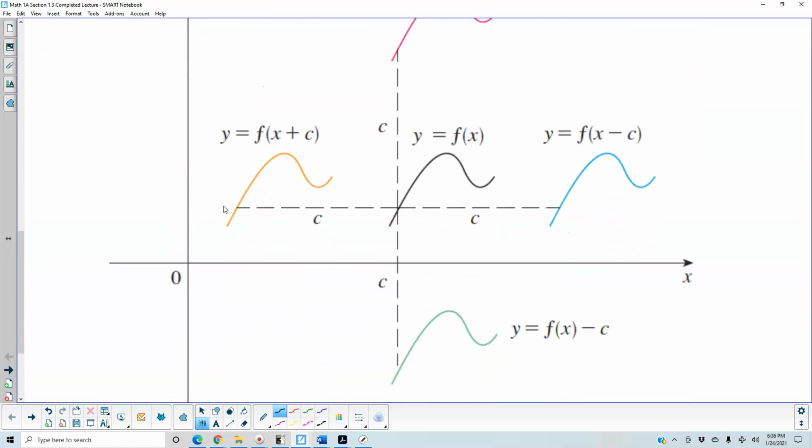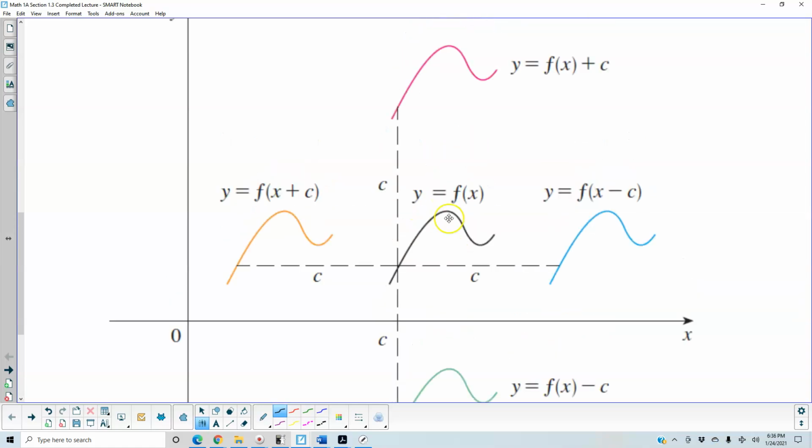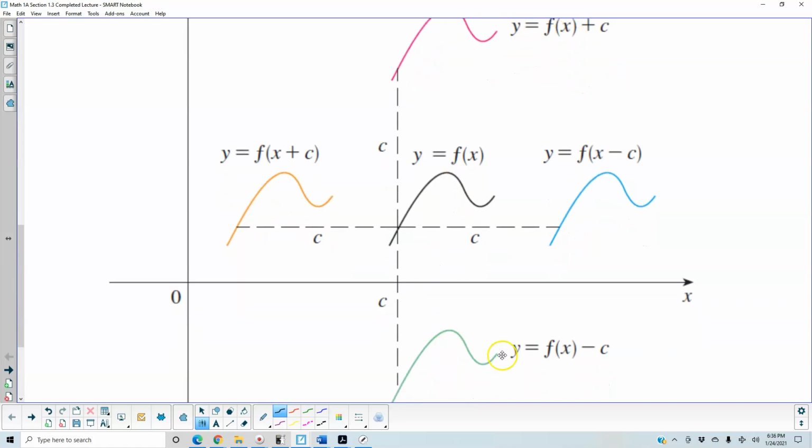So here's our graph. This is our function y equals f of x. If we want to shift it up, it's f of x plus c. If we shift this graph down, it's f of x minus c. If we want to shift this to the right, it's going to be f of x minus c.